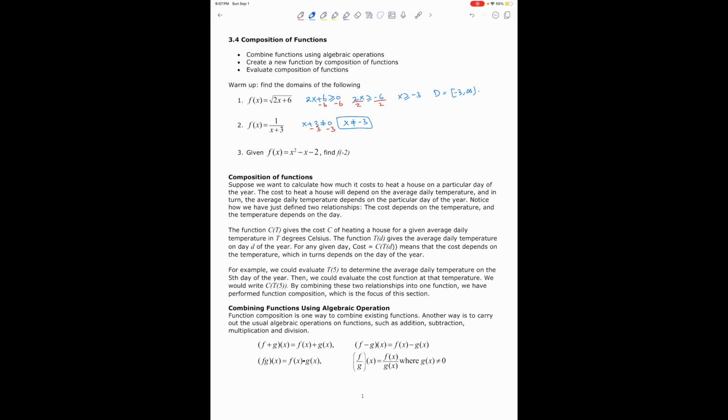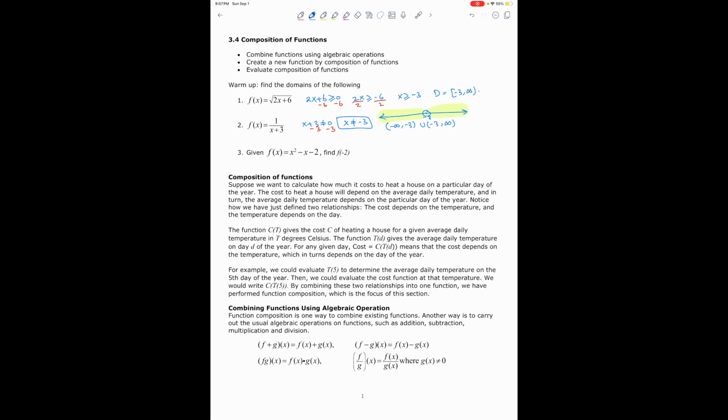Following this method of graphing it on the number line and then excluding it with a circle, you will end up with this interval union. That interval is going to be the domain, which is basically from negative infinity to negative 3, union from negative 3 to positive infinity.